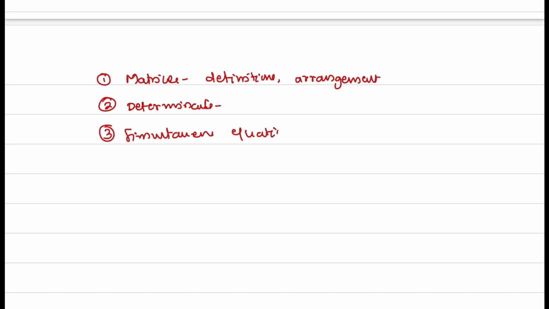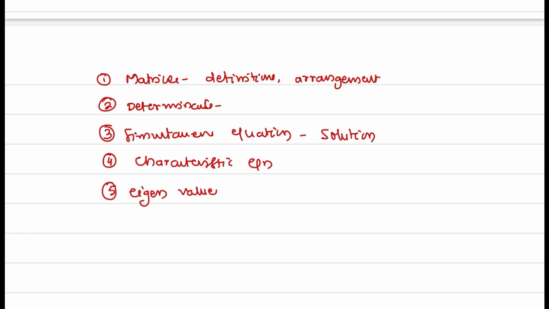We have spoken about the characteristic equation, which is very important, and how from the characteristic equation to find the eigenvalues, and finally the inverse of a matrix easily.